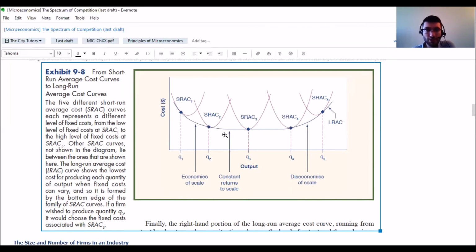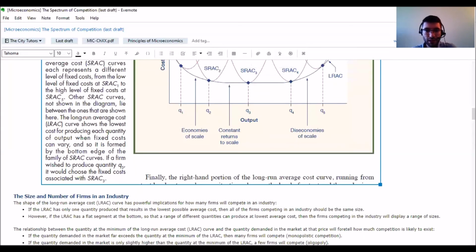The most efficient will be to reach the minimum of this curve, which you can get somewhere around here, right? If the amount demanded is this much, is Q4, and if the minimum amount of production for a particular company to be efficient is somewhere in the middle, then this would mean that we will probably have two companies producing this much. We'll have a natural oligopoly or a duopoly.